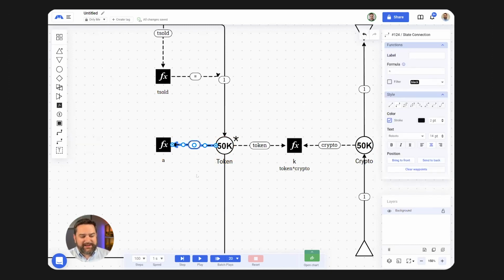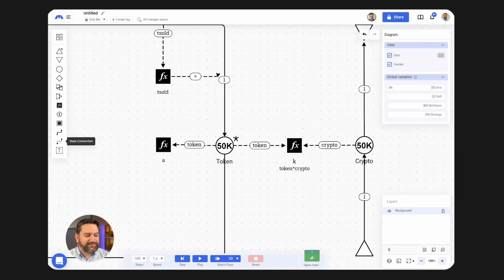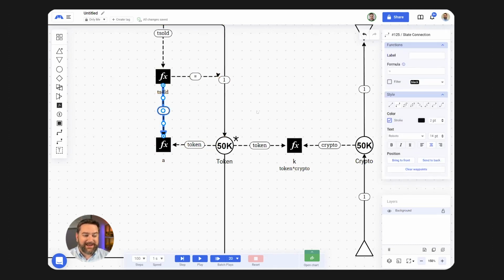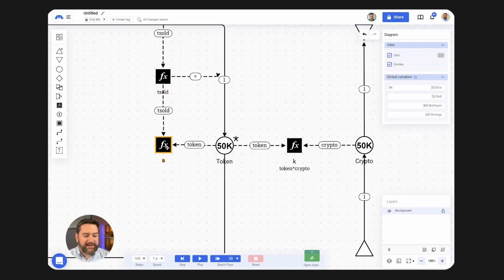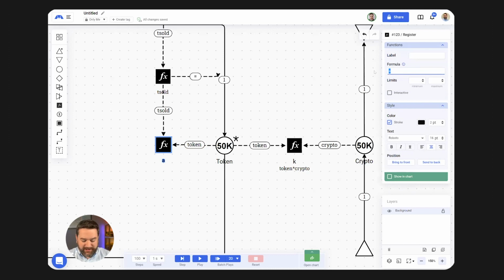So if we take the number of tokens that we have inside the AMM, I'm going to label that state connection token, and then we take the number of tokens that we're going to be adding in. In this case, that's my T sold label. And in here, I'm then going to put token plus T sold.